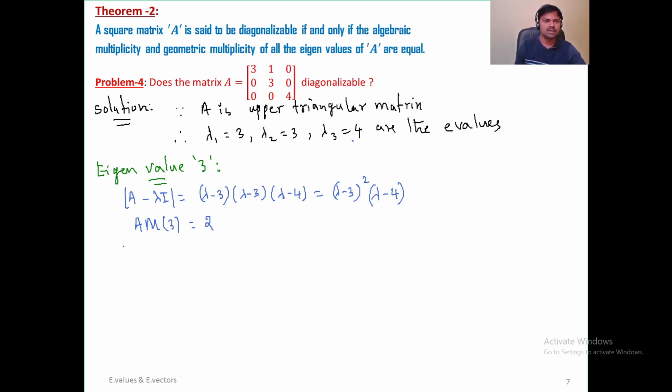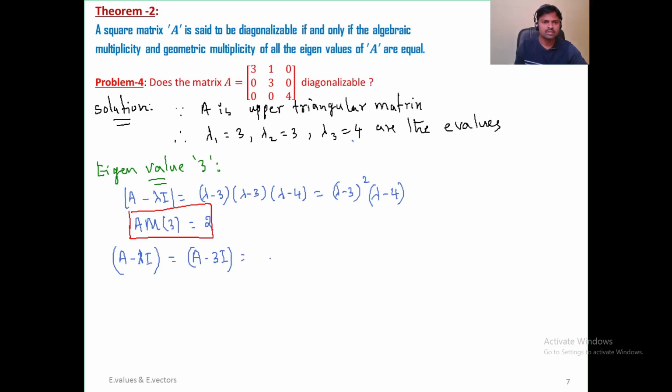Next, geometric multiplicity I want. By definition, it is the nullity of A minus lambda I. So this was the algebraic multiplicity; next, we want the geometric multiplicity. I want the matrix A minus 3I, that is, A minus lambda I with lambda equal to 3.